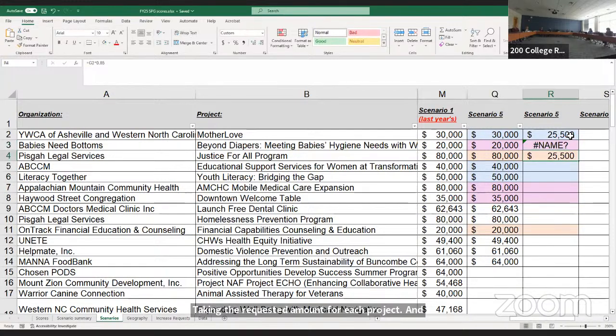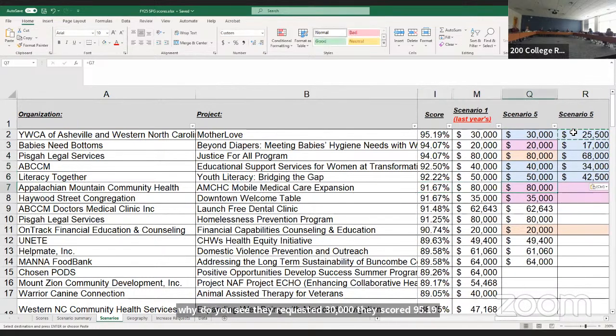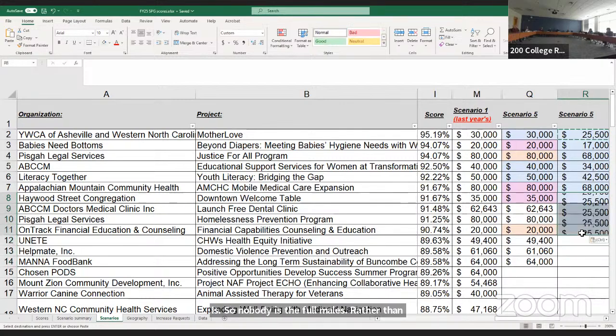So, for example, YWCA requested 30,000, they scored 95.19, and then seeing what that amount is. So nobody gets the full amount. I think that's interesting. Rather than bands, it would be an exact. Interesting scenario. We have room for a 7th scenario.